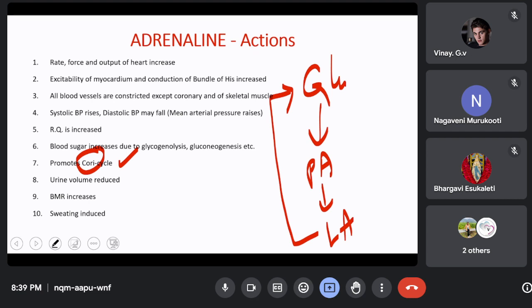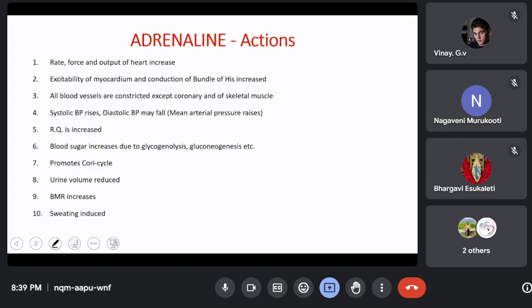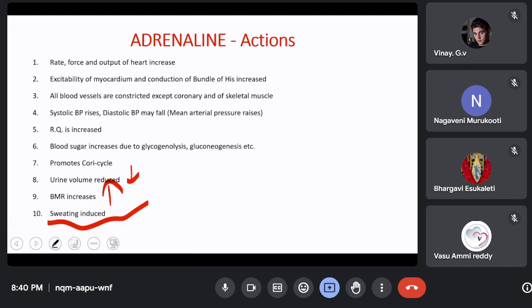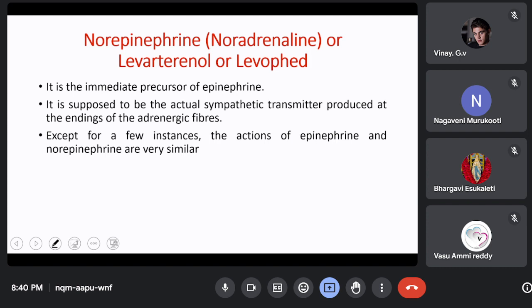She's a lady. She's called Cori, and thus Cori cycle is said to be promoted, so that glucose is produced from lactic acid by another mechanism. And it decreases urine volume, it increases basal metabolic rate, and sweating is also induced. So these are the consequences when adrenaline is released.